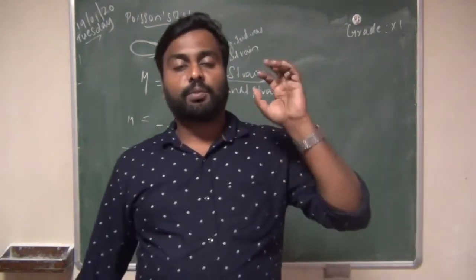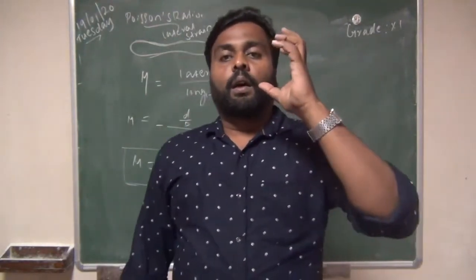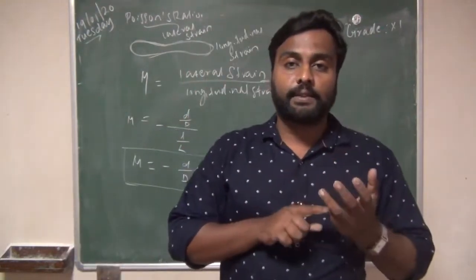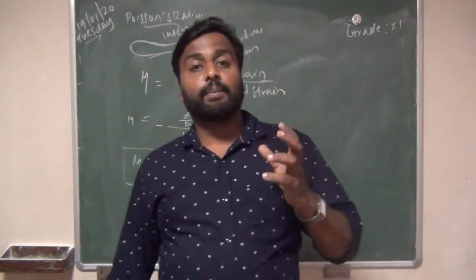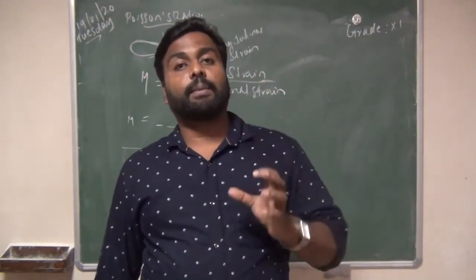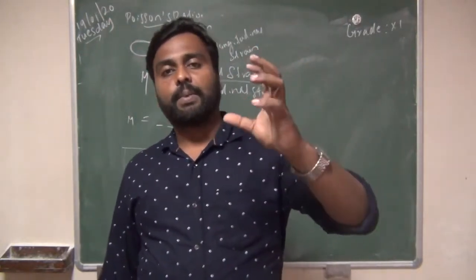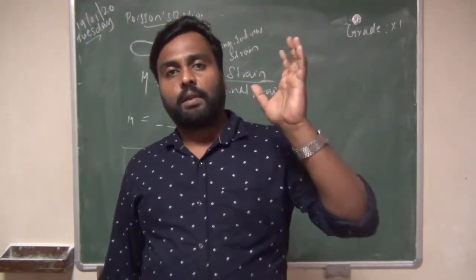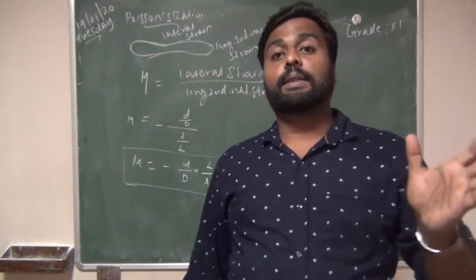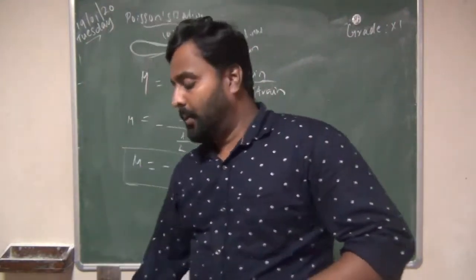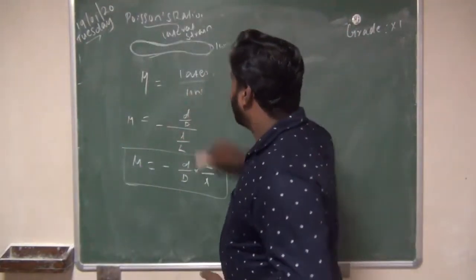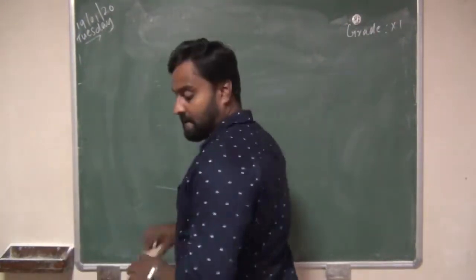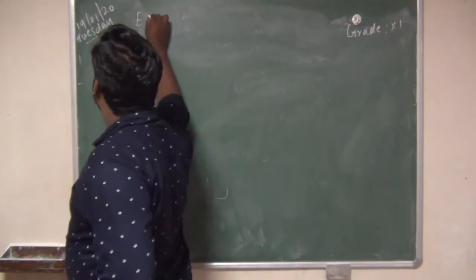Again remember that small d is the diameter after stretching, capital D is the original diameter of the wire, capital L is the original length, and small l is the length after stretching. Okay, now elastic energy.